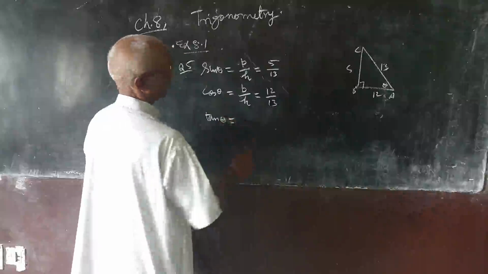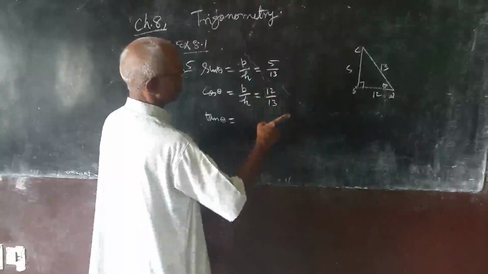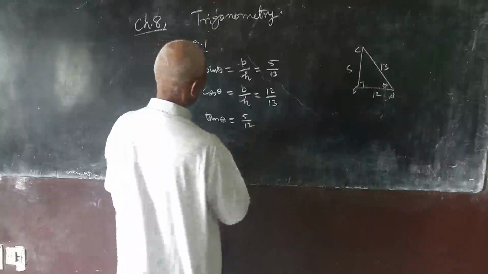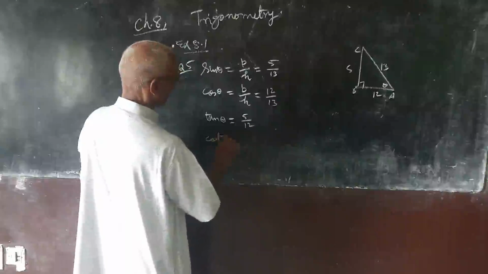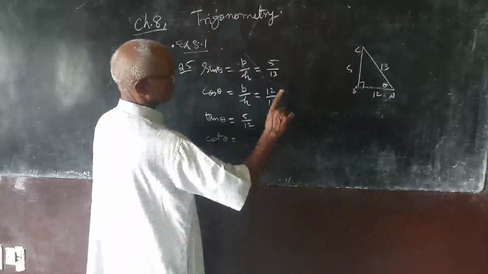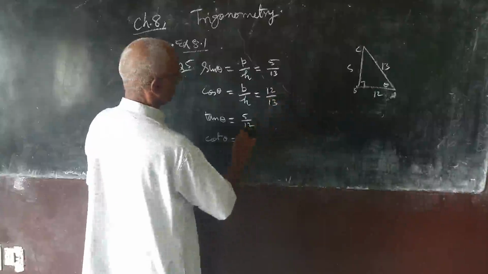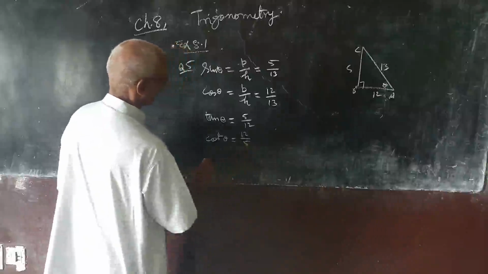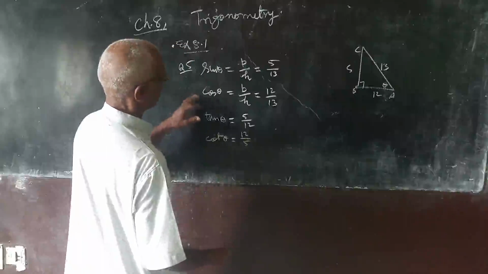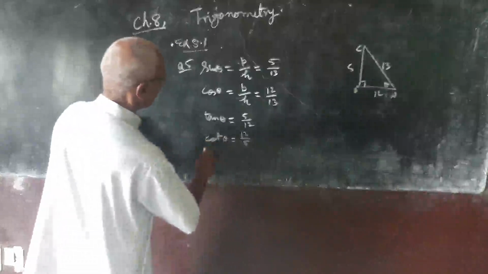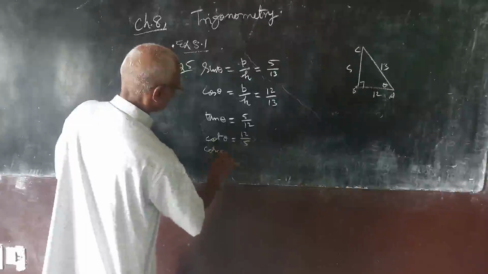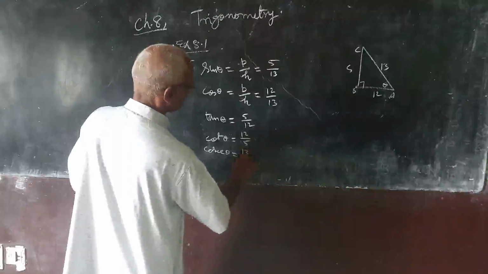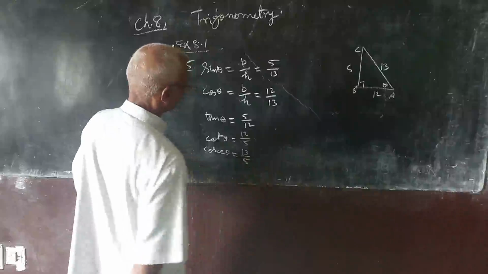Tan theta is equal to perpendicular upon base, perpendicular is 5 and base is 12. Cot theta is base upon perpendicular, so it is 12 by 5. Sec was given, so sec is not needed here, cosec. Cosec theta is equal to h by p, h is 13 and perpendicular is 5.